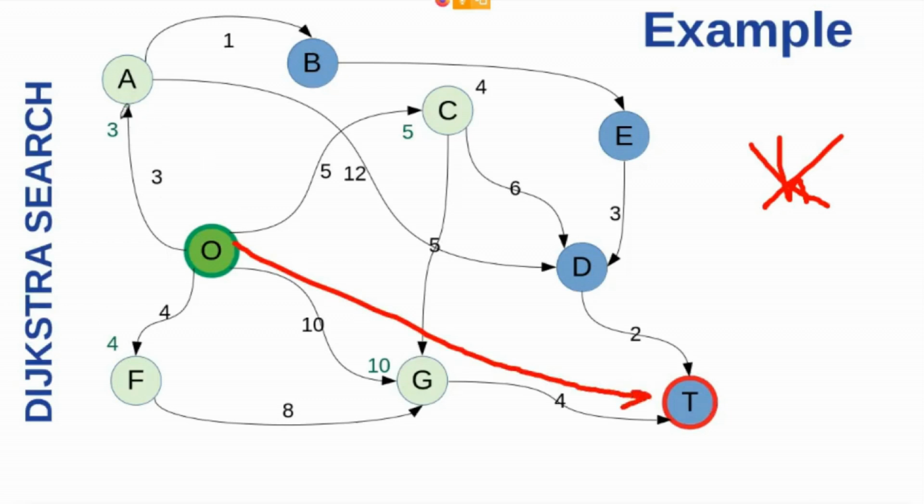So 3 and 4 are the minimum cost. We have a 5 and a 10, but they are in the wrong direction to the target, right? Well, so now we consider obviously the minimum value, that is 3.